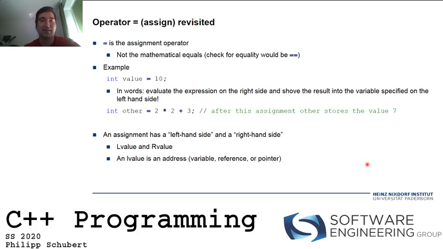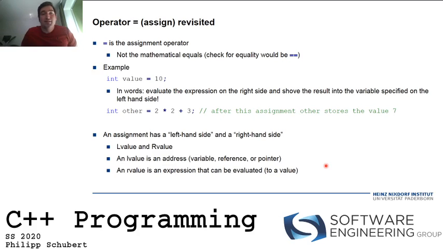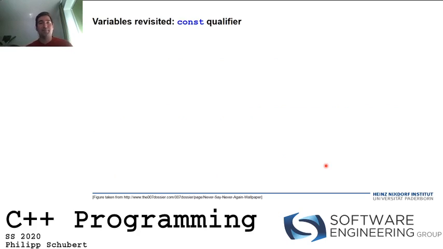We will learn about that later on. For now it's sufficient if we have ordinary variables on the left-hand side. And an R value is an expression that can be evaluated to a value, and then this value is stored in the variable or in the L value on the left-hand side. That's the meaning.